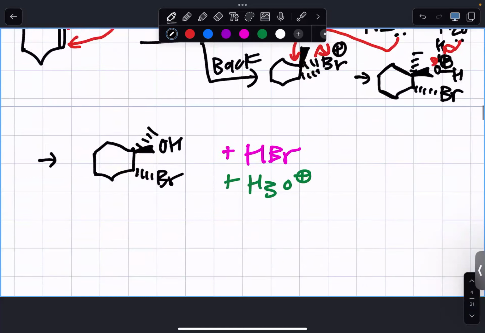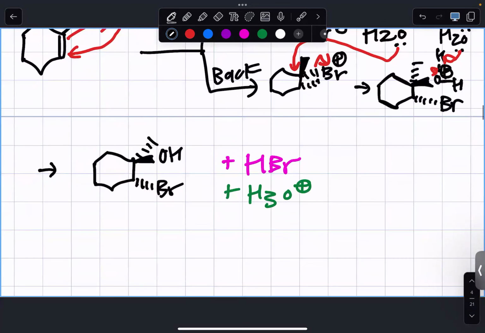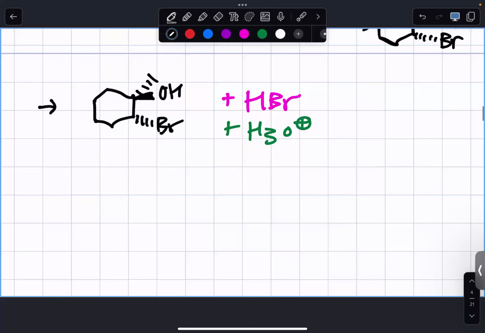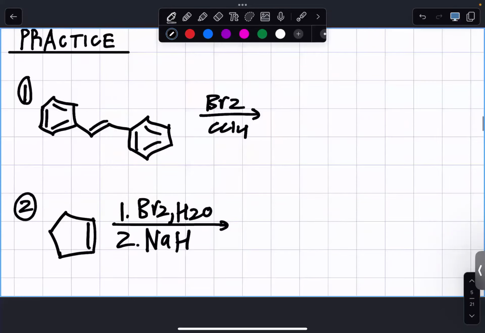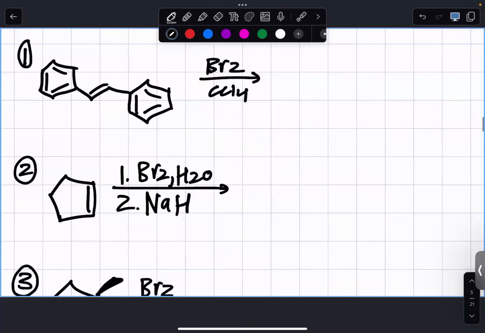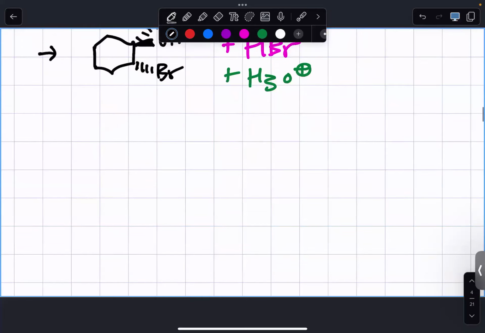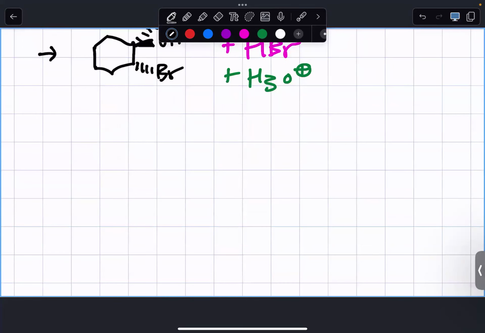So let's say, wait, actually practice. Oh, okay. When we're back in 118A, what is one way that we could form an epoxide? Like, what is one reaction name? Yeah, mCPBA is one from an alkene, and also Williamson ether synthesis, right?